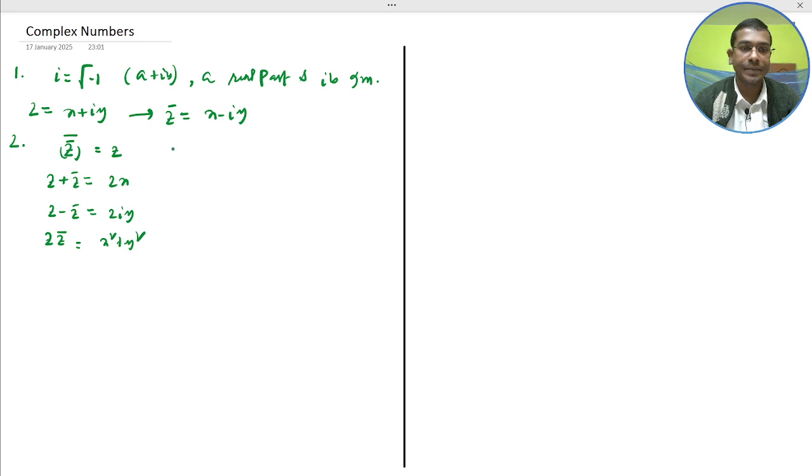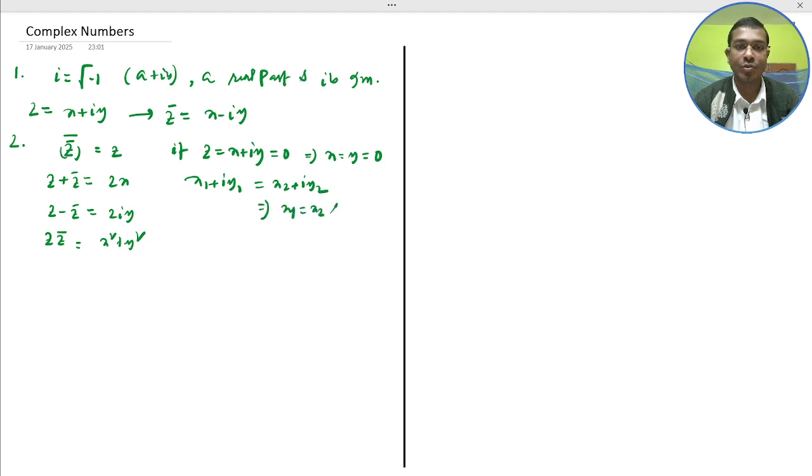And if z = x + iy is equal to 0, then it implies that x = 0 and y = 0. If x1 + iy1 is equal to x2 + iy2, that means x1 = x2 and y1 = y2.